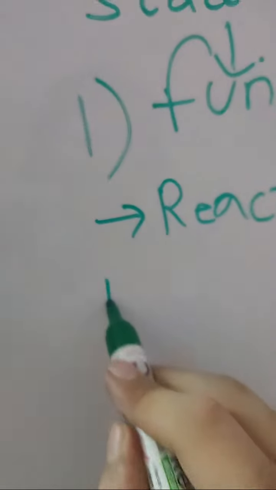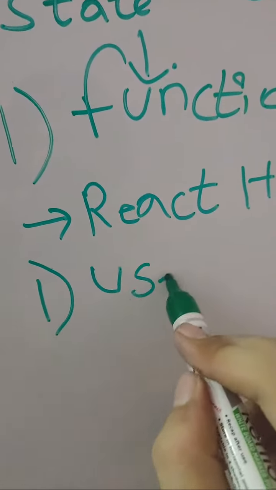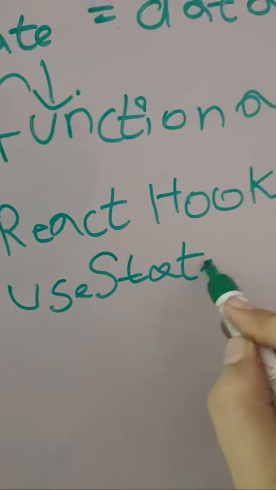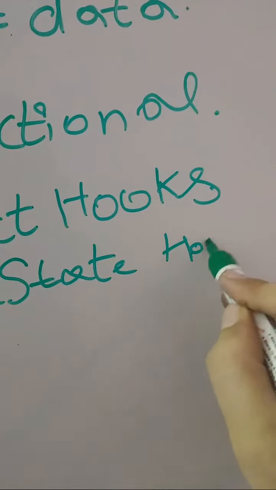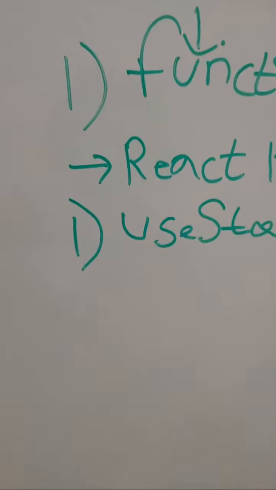There are various hooks inside React, but one such hook is very popular, which is the useState hook. You have seen this hook used in various places. Now to declare this hook, it's very easy.